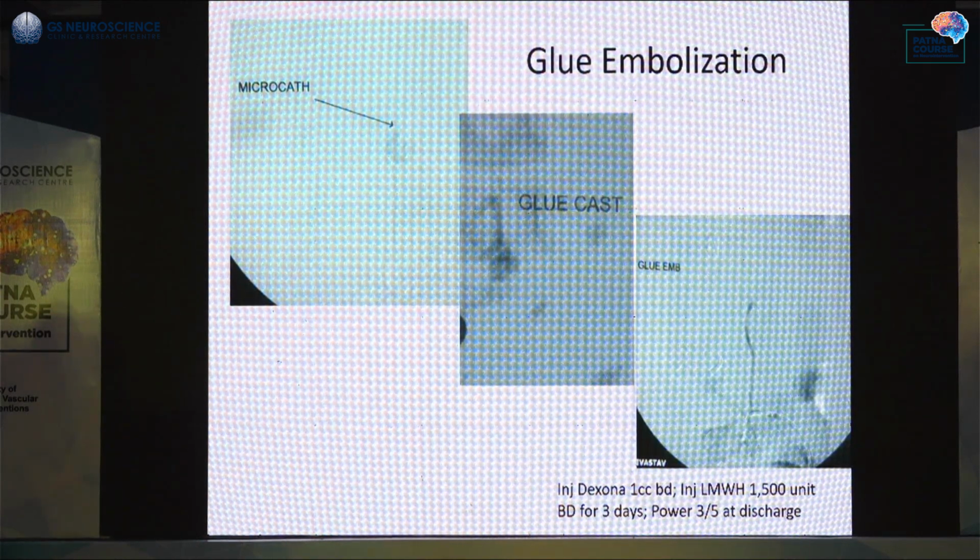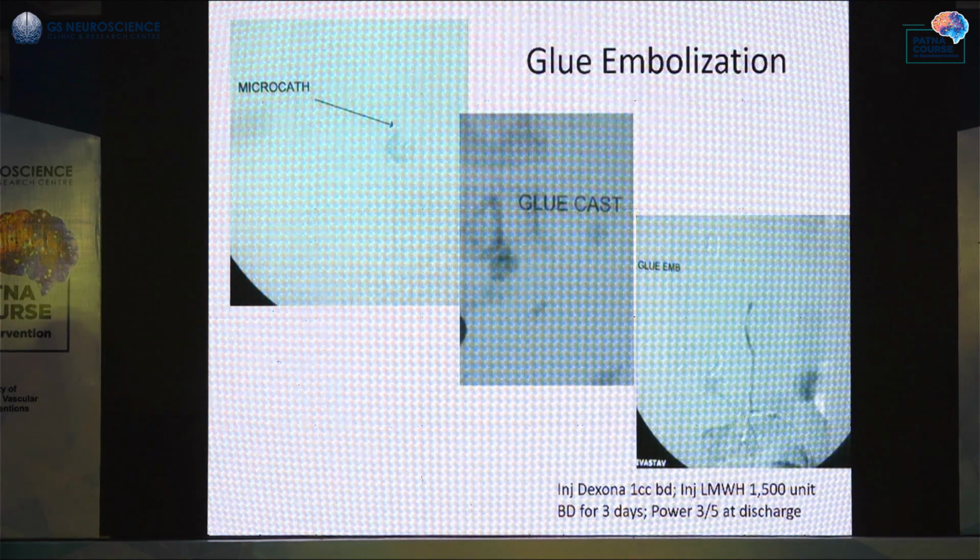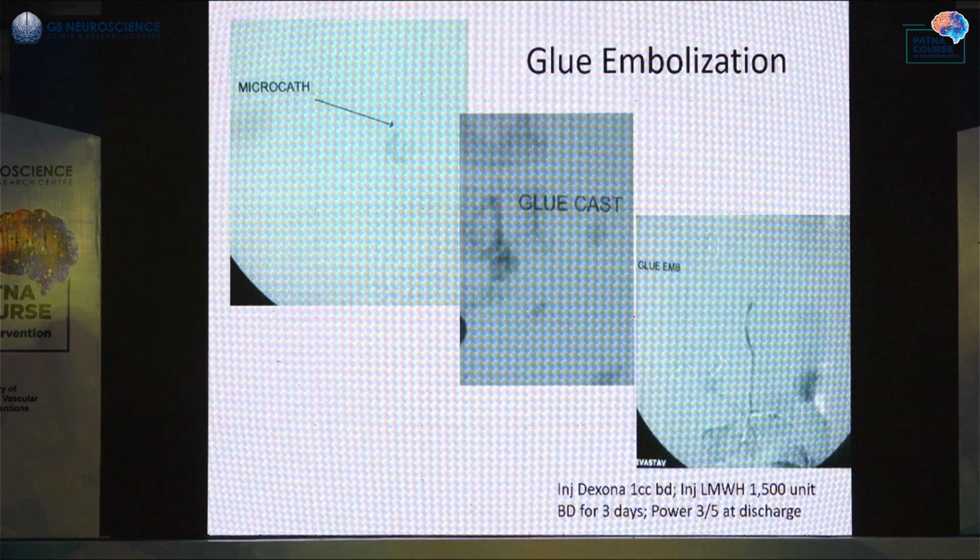We gave injection Dexona 1 cc BD and LMWH, 1,500 units for 3 days only, because he was 8 years old. He was discharged after around 10 days. Power was 3/5 at the time of discharge. But he was lost to follow-up. We tried to contact him, but unfortunately the phone is not replying. So this is the video.